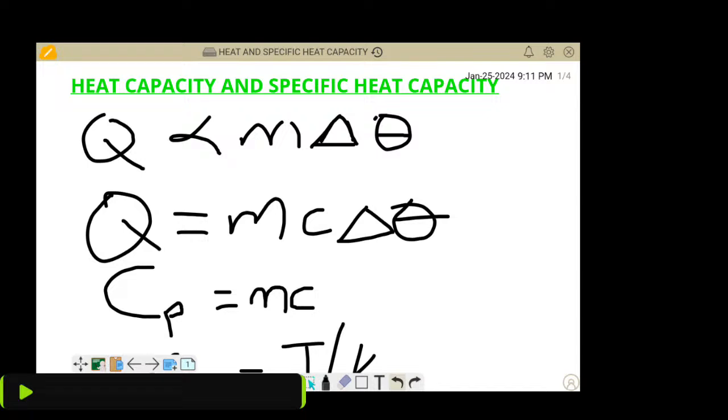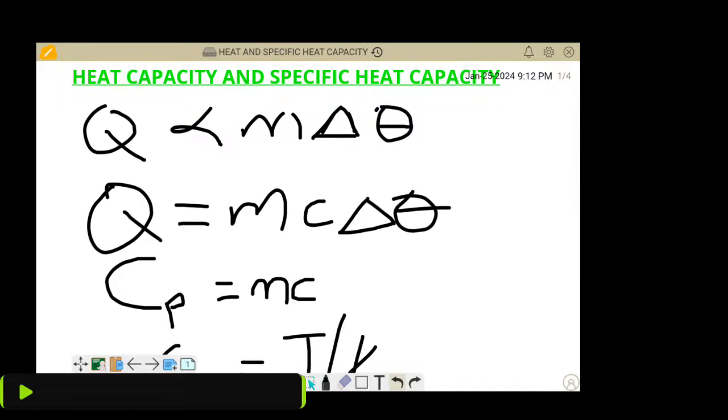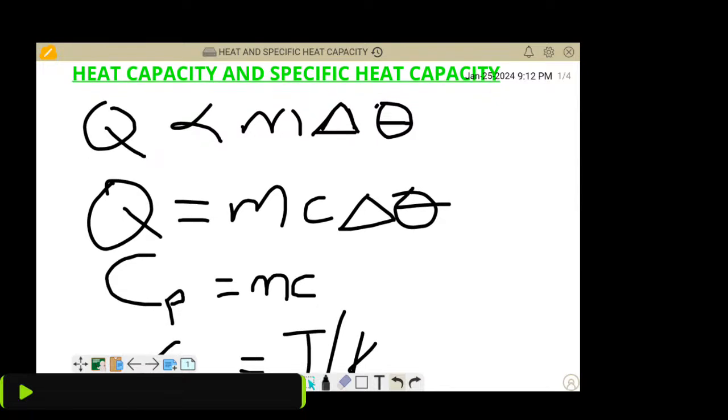And also we can determine the specific heat capacity of a body using the electrical method. You know that when electrical appliances are used in supplying heat to a substance, for example water, when you boil your water using an electric cooker, the energy from the electric cooker is transformed to heat energy that makes the water boil.